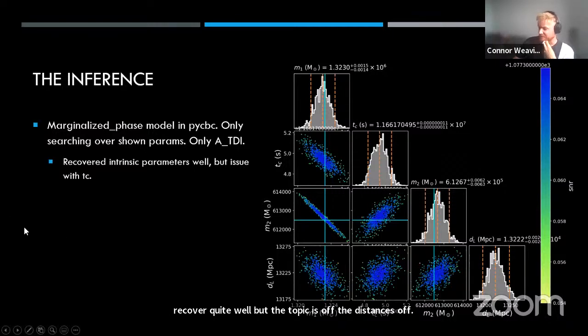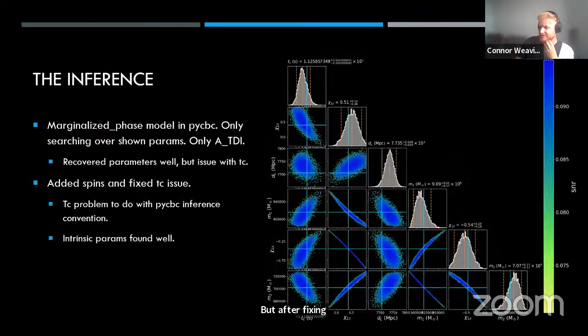But after fixing bugs and adding more complexity, we managed to solve the time of coalescence problem. And as you can see, I've added spins into this posterior graph as well. But there's still some slight problems with this, mainly due to the amount of time that the marginalized phase model takes to infer these properties.